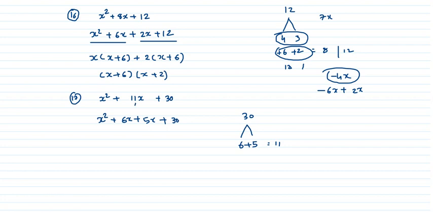I have broken this 11 into two parts based on the factors. Now you just take out x as common, left with x plus 6, and 5 as common, left with x plus 6. So x plus 6 is common, then x plus 5. This is all about your factors.